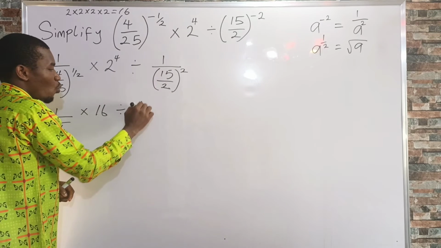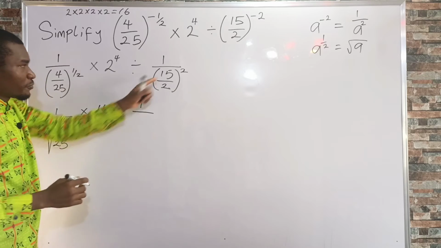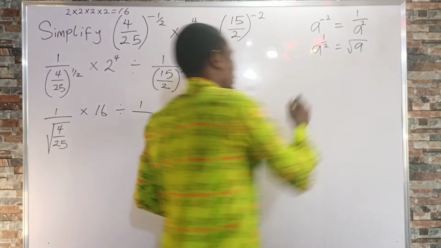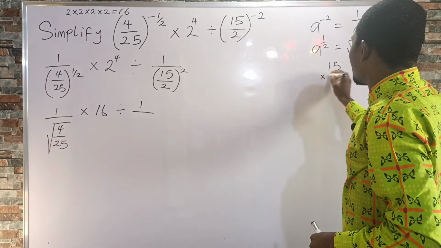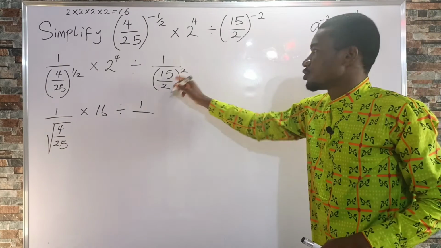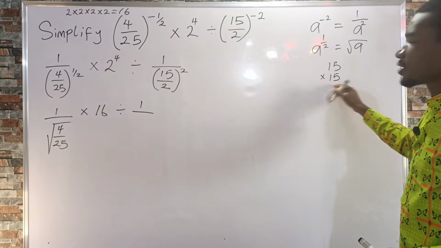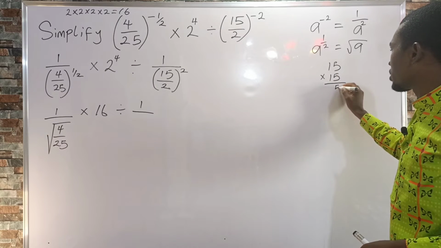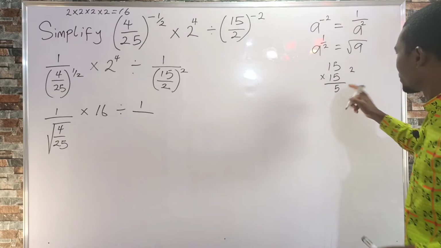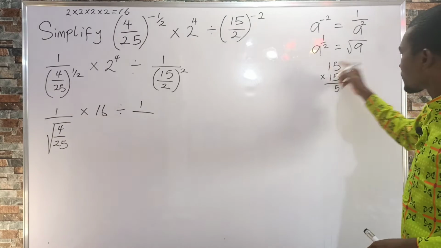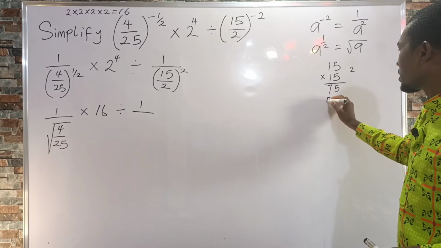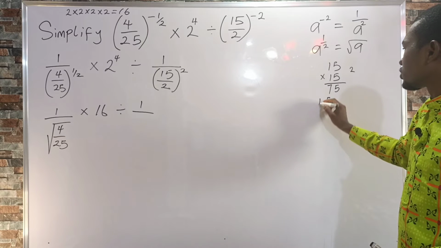I also have here 1 over, remember 15 squared is the same thing as 15 multiplied by 15. That is the meaning of 15 squared. Let's multiply out. 5 times 5 is 25. We write 5 and carry 2. 5 times 1 is 5 plus this 2, we have 7. 1 multiplied by 5 is 5, and 1 multiplied by 1 is 1.